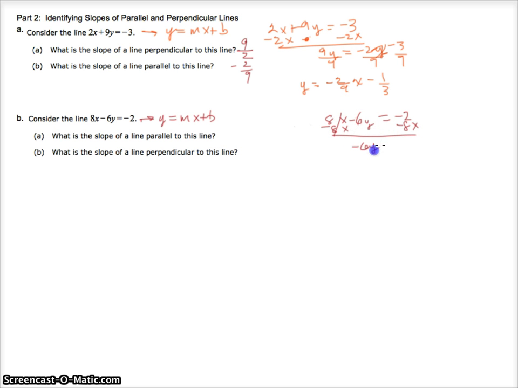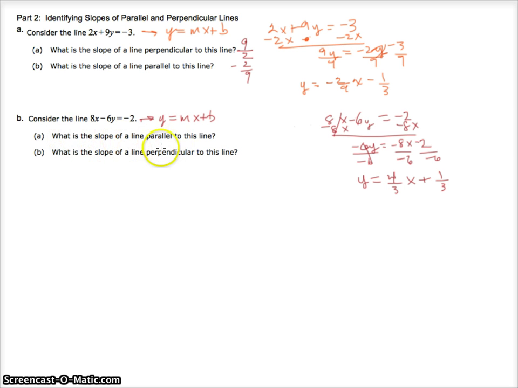I'm left with negative 6y equals negative 8x minus 2. And I'm going to divide every term by negative 6, so that I'm left with y equals 4/3 x plus 1/3.